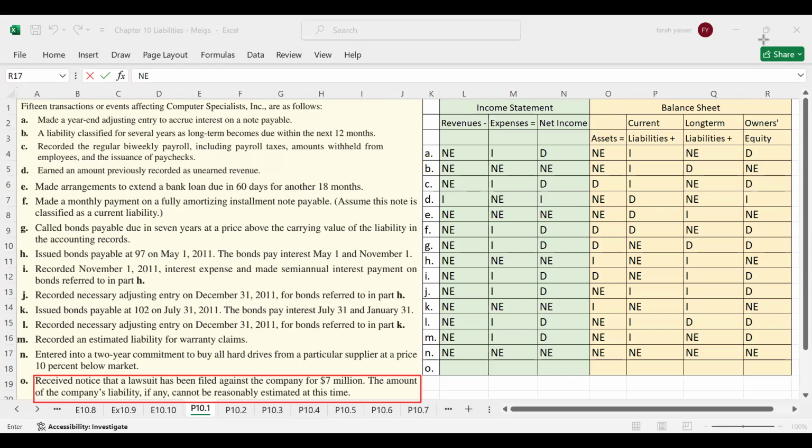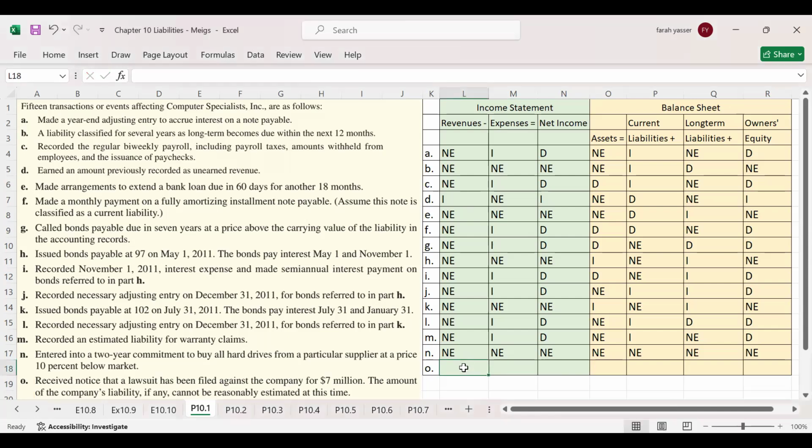As you know, the amount cannot be reasonably estimated at this point in time, so there will not be any impact of this liability on either the income statement or balance sheet. So there is no need to record it. However, this transaction can be mentioned in the notes to the accounts. So no impact here in the income statement as well as in the balance sheet.